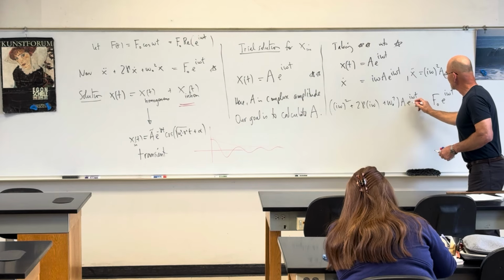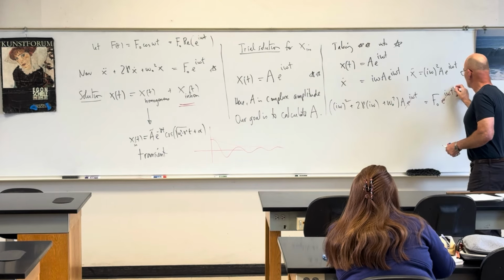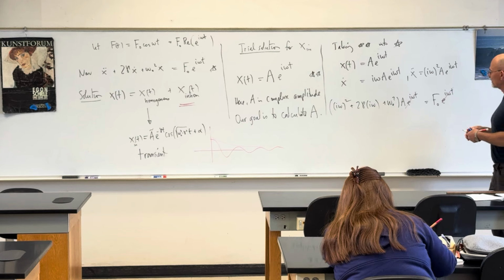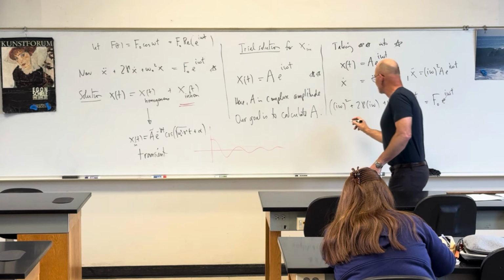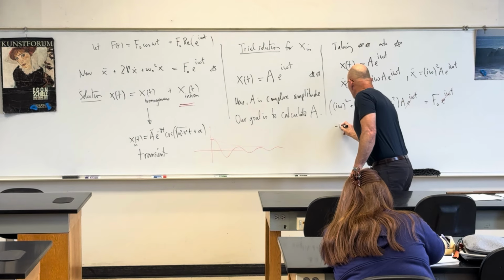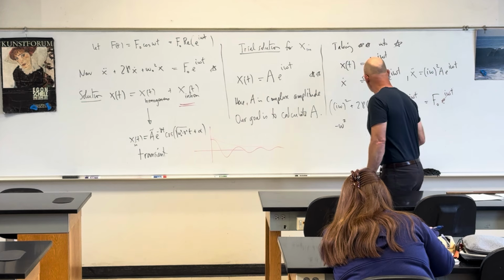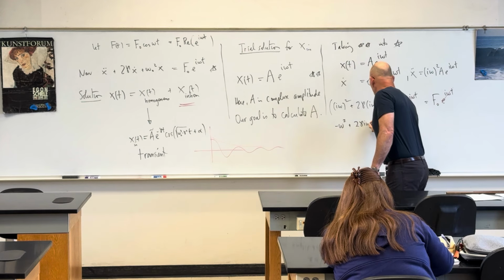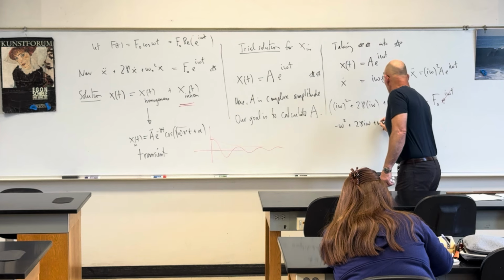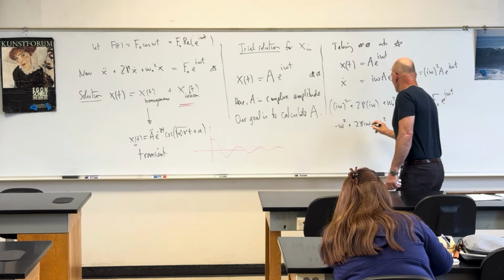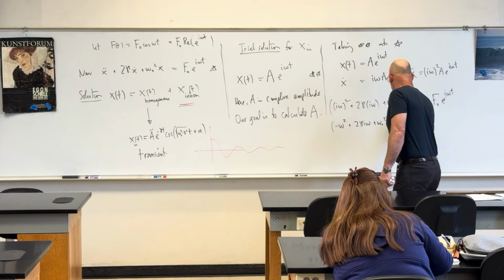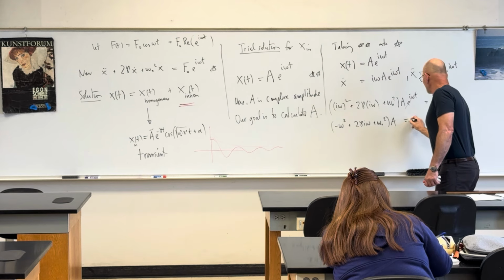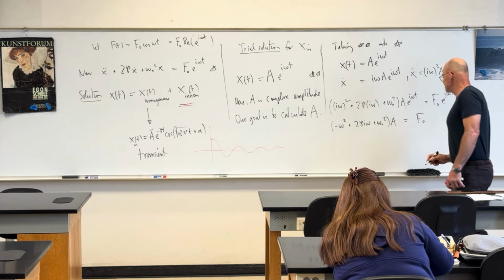So how do we solve for A? We have, first of all, to multiply this out: minus omega squared, plus 2 gamma i omega, plus omega naught squared, times A is equal to F naught.